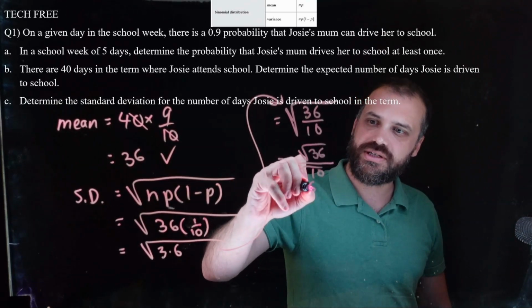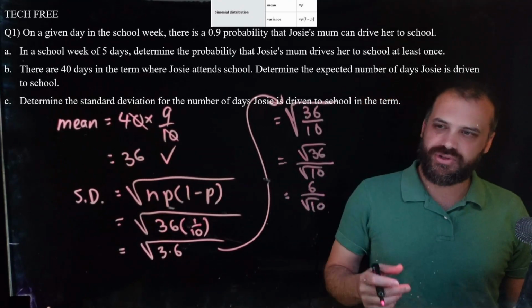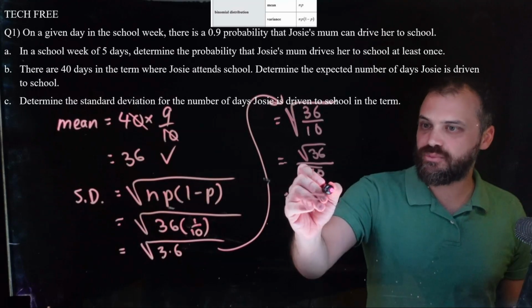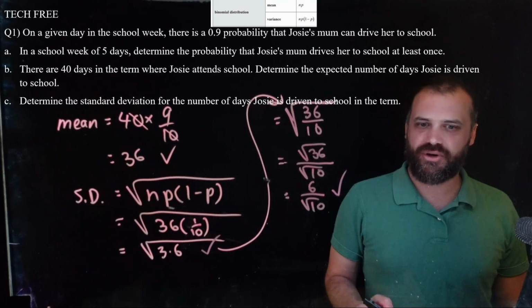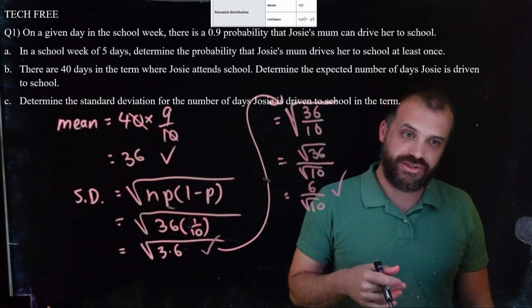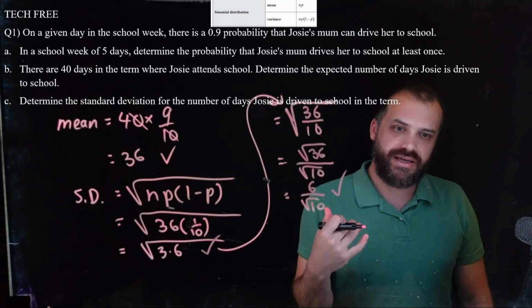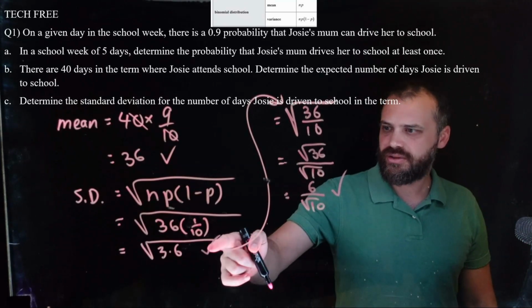The square root of 36 is 6. Can't really do much with that. So end up with 6 over root 10. That would also be an acceptable answer. I think these are both good. Someone who knows all about rationalized denominators might go a step further, multiply top and bottom by root 10 and get a different answer. But I think these are good.